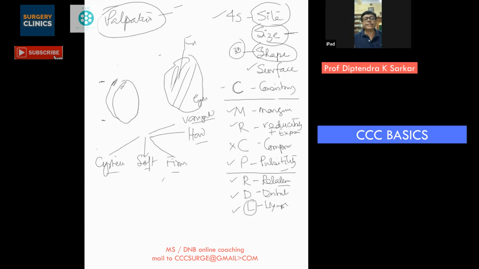So during the exam, do not say it's a soft to firm swelling or a hard to cystic swelling. Either it is cystic, or soft, or firm, or hard, or variegated. When you have a mixed nature, call it variegated. Do not say soft to firm. When you mention the term variegated, there are certain examiners who are very critical about examination, and they might ask you to demonstrate why you call it variegated.